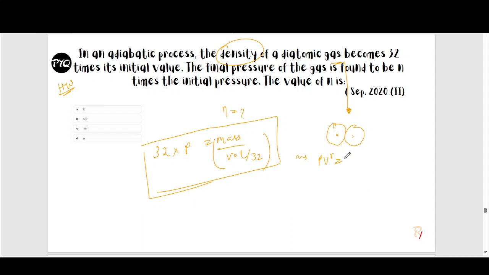PV to the power gamma is equal to constant in adiabatic process. Since I have to find the adiabatic exponent, 1 plus 2 by f, there are 5 degrees of freedom at normal temperature, gives me 7 upon 5.